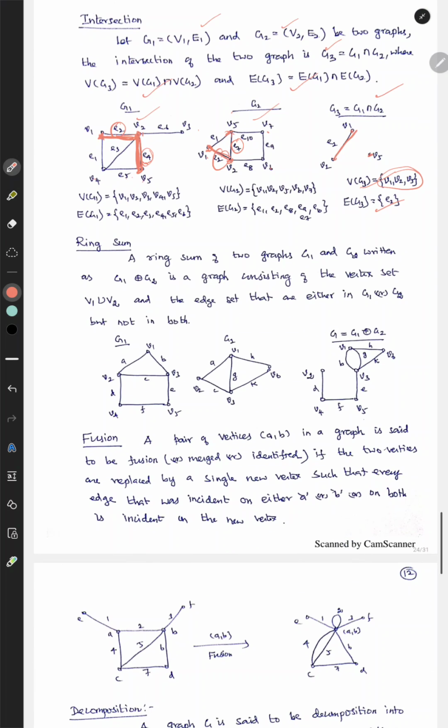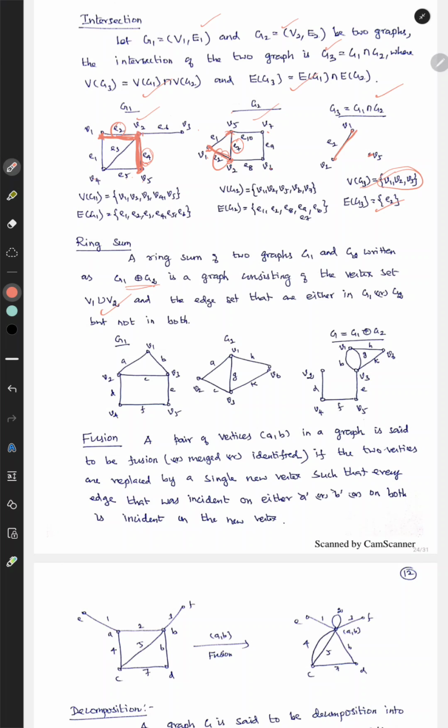Now what do you mean by ring sum? Ring sum of two graphs. The notation is G1 circled sum G2. It is a graph whose vertex set is the union of the vertices in G1 and G2, but the edge set contains the edges which are present in either one of the graphs, that is, edges that are not common to both the graphs.